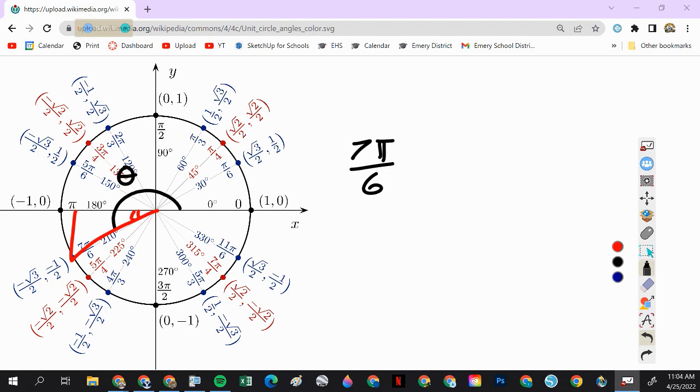How far past pi did I travel? Pi over 6. Right? So all the way to here would be 6 over 6. To go a little bit further is 7 over 6. So from here to here is 1 pi over 6, or just pi sixths.